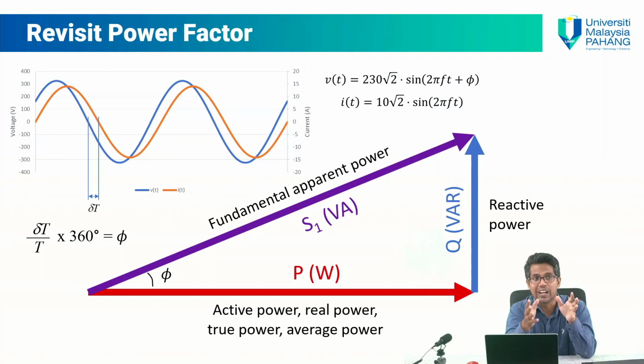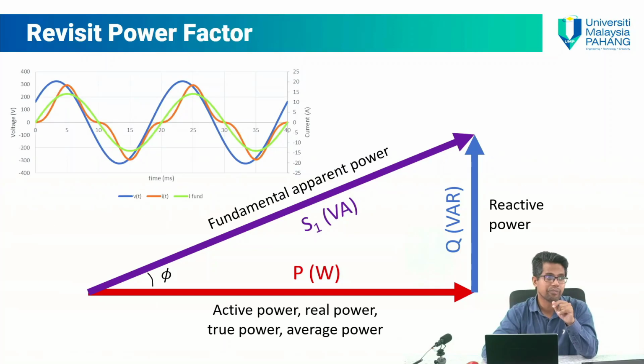This is an example of the voltage and current that I wrote up there. This is why cos phi is called the displacement power factor, because it's just the displacement between current and voltage.